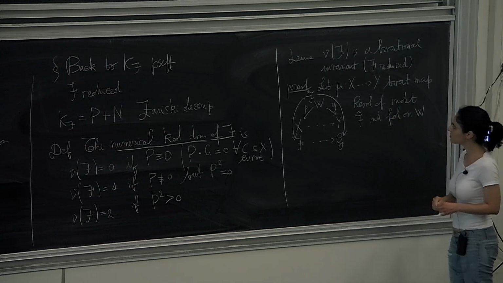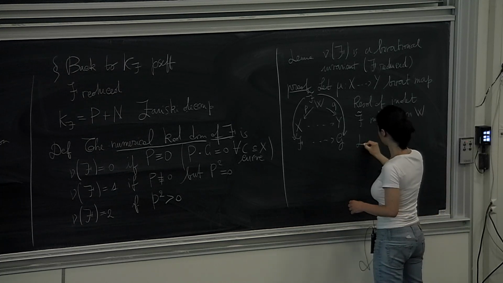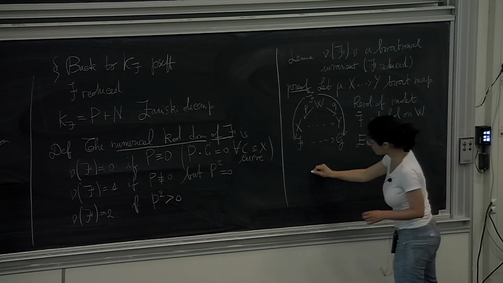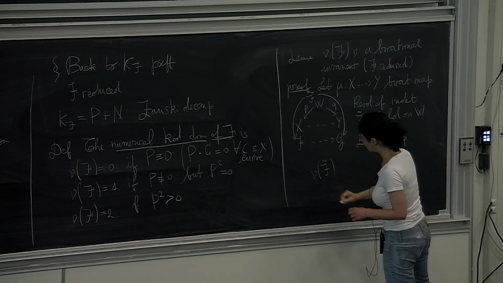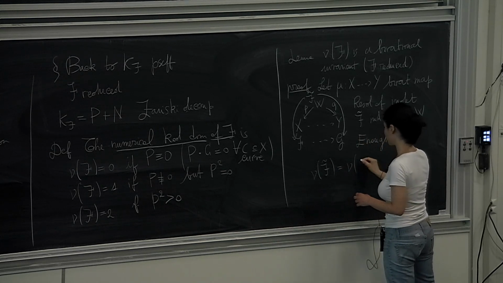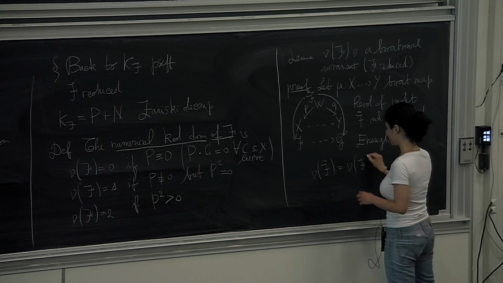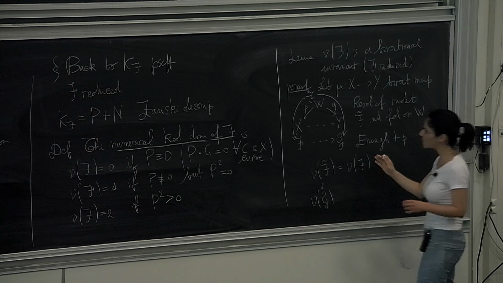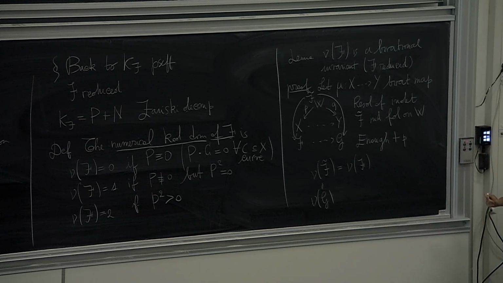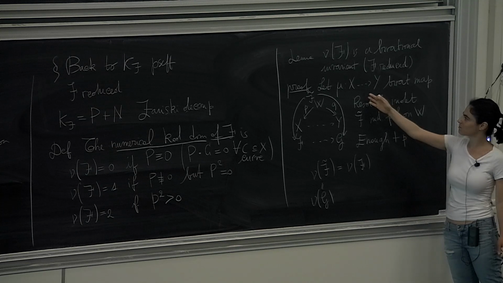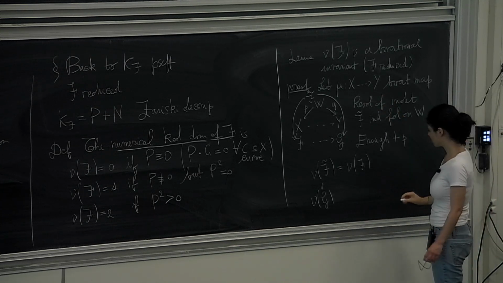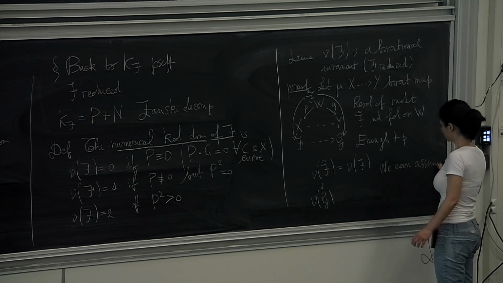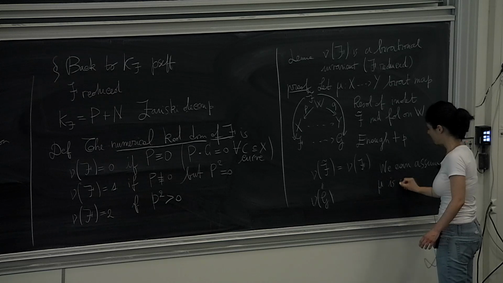So it is sufficient to prove that the numerical Kodaira dimension of F tilde is equal to the numerical Kodaira dimension of F, and that this is the numerical Kodaira dimension of G. So in other words, it's enough to prove the statement for a morphism, not necessarily for a rational map. So we can assume mu is a morphism.